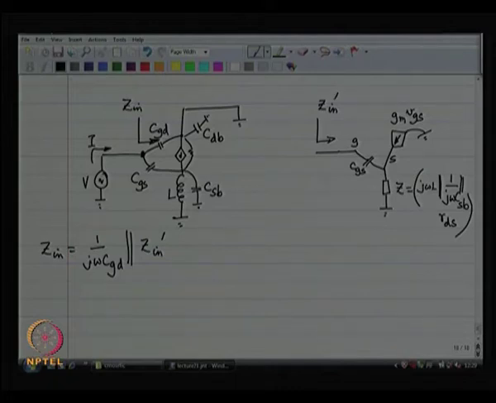All right. So, this is the system we are going to analyze for now.